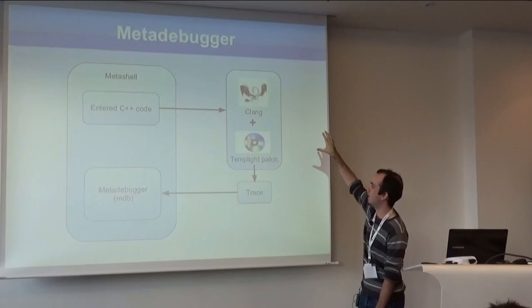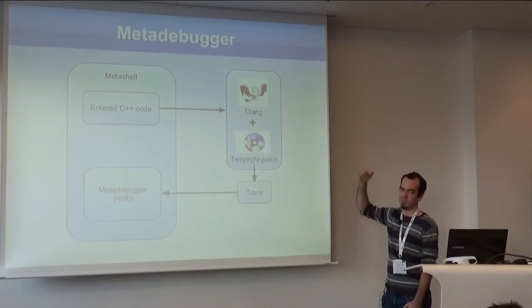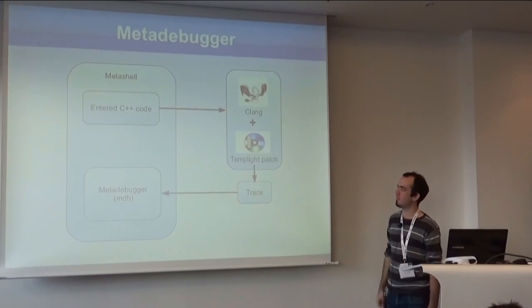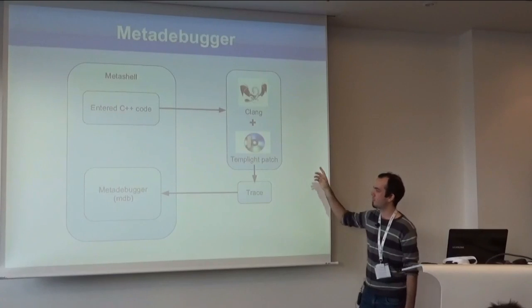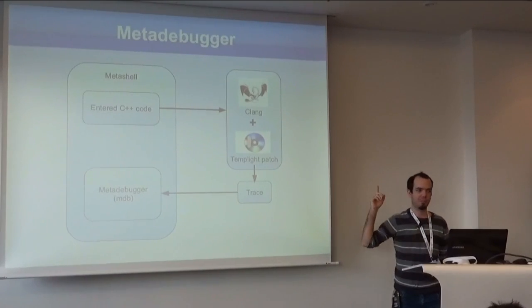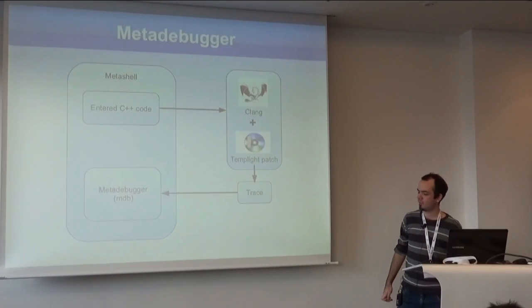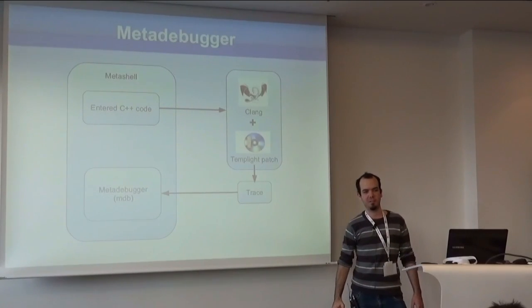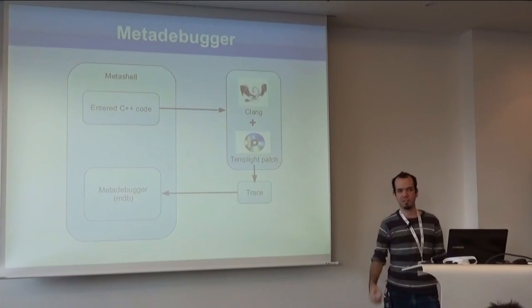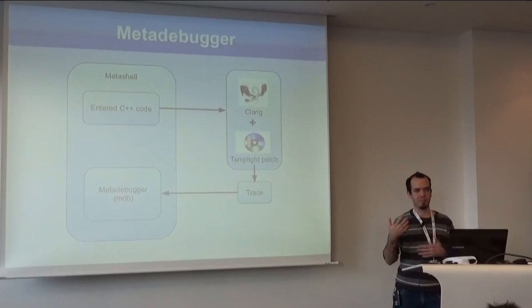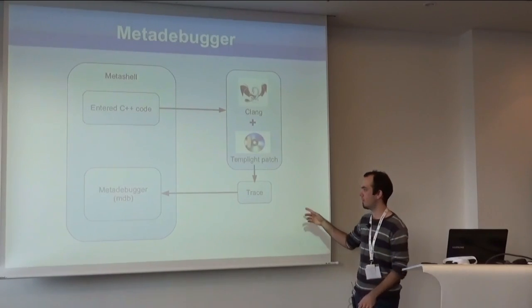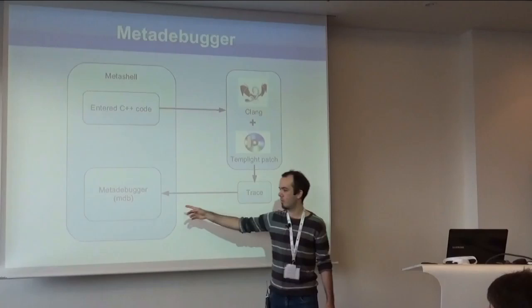This gets fed into Clang, which will compile our code. And this is a special kind of Clang because it is patched with Templight. What Templight does is that it will also print a trace of the template instantiation process from inside Clang. So we will get a trace of the template instantiation process, which will be read by Metadebugger.